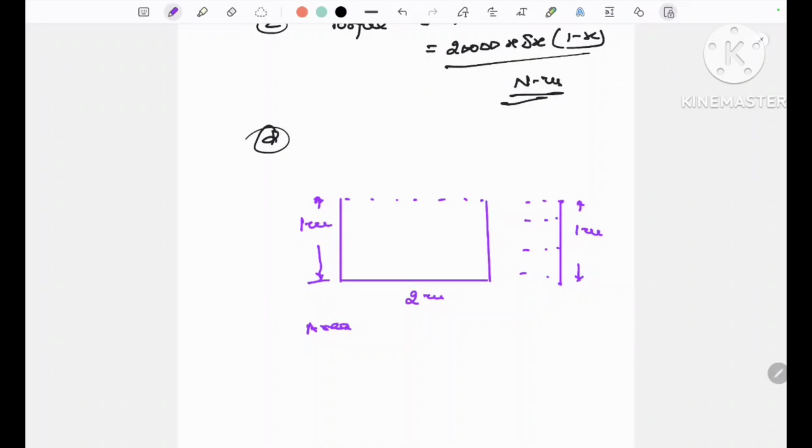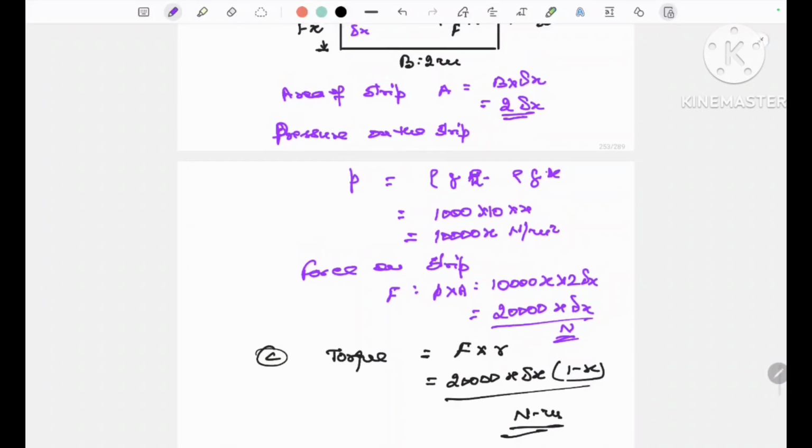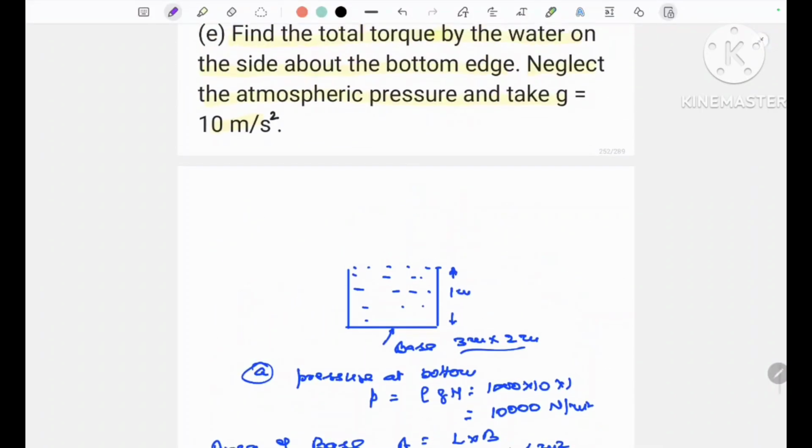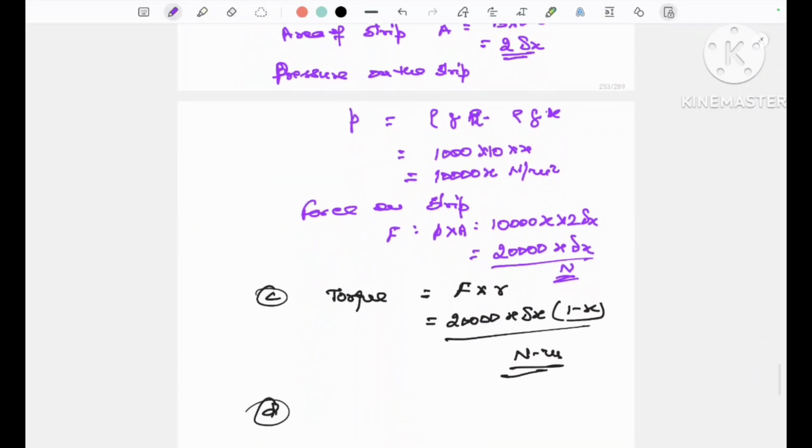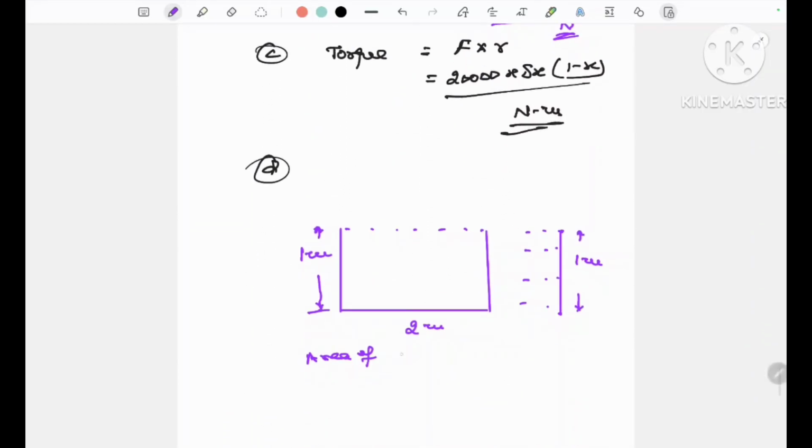The area of this side is equal to 2 into 1 is equal to 2 मीटर स्क्वायर.